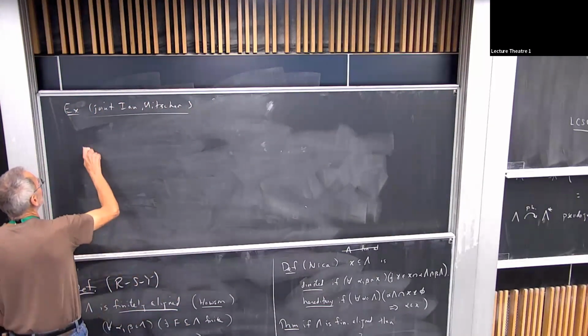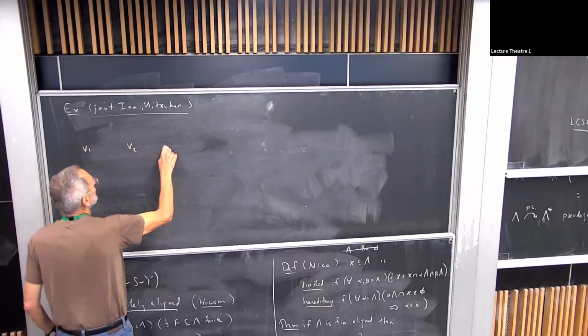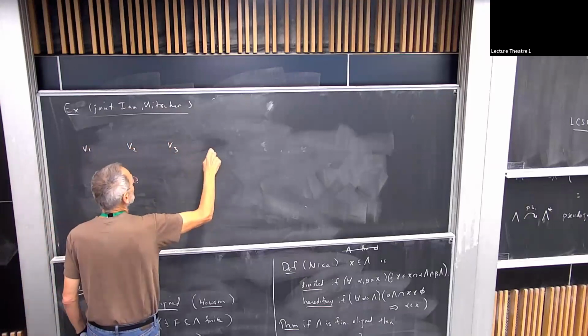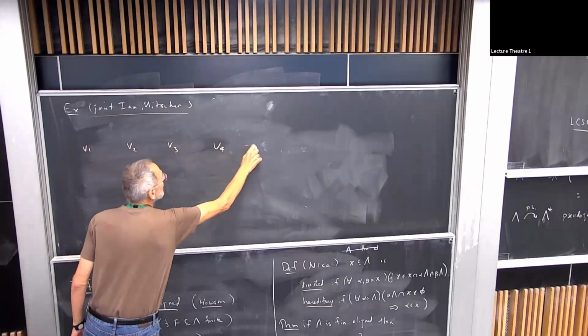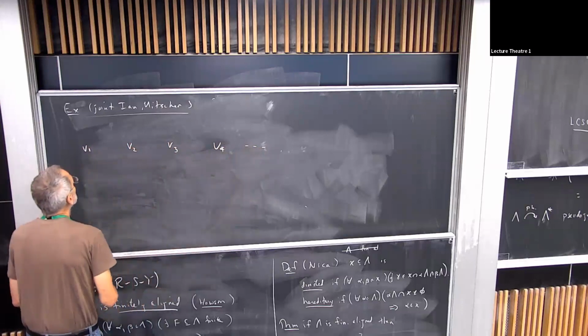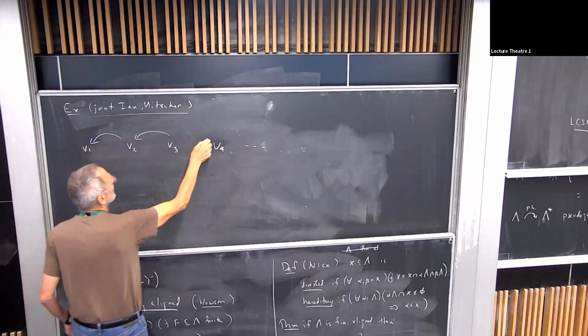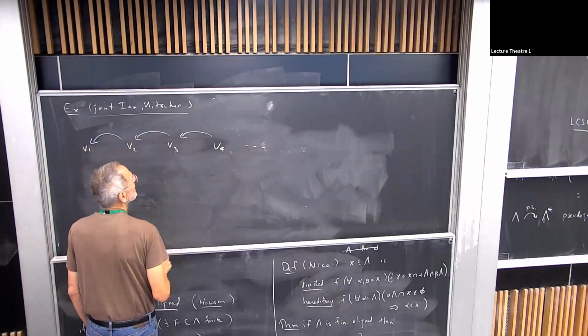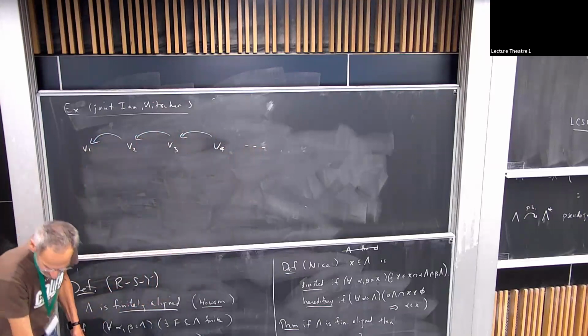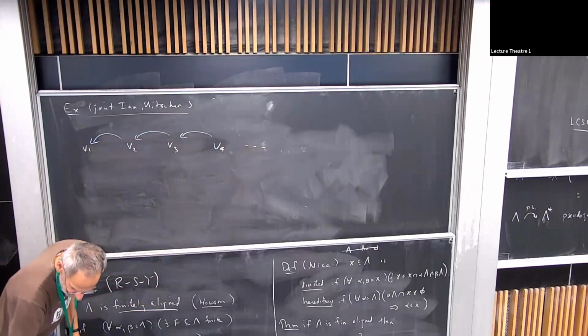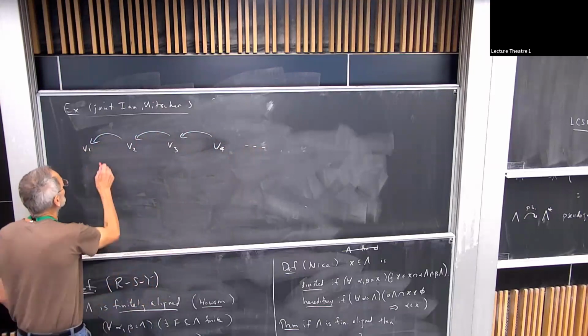So we have a sequence of vertices. So we have the following two graphs. If you're not familiar with higher rank graphs, it won't matter too much. So it's a two-color graph.